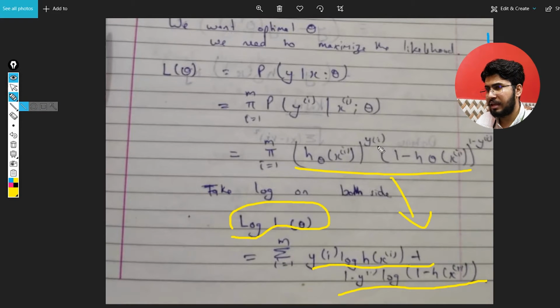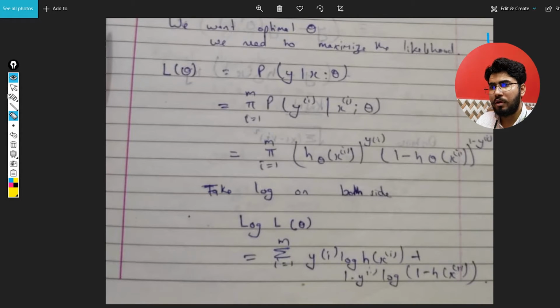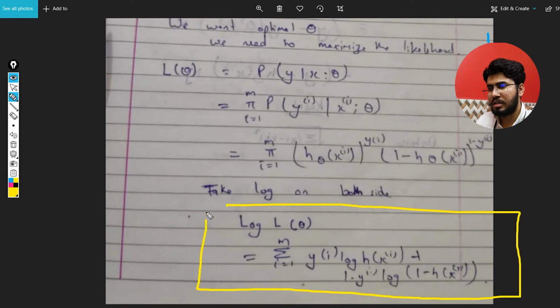Basically what happened is that by using the log formula, this came here and this came here, and they were added together. You have to check that by yourself. So this is going to be our loss, or you can say our cost function, for our logistic regression.